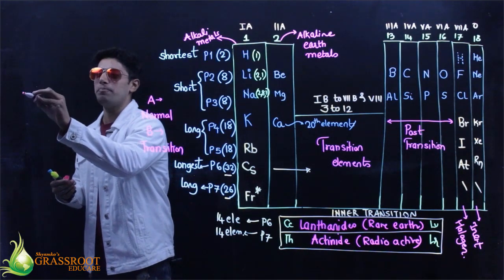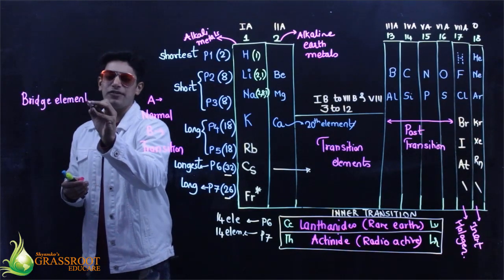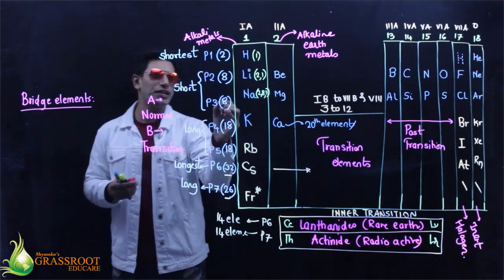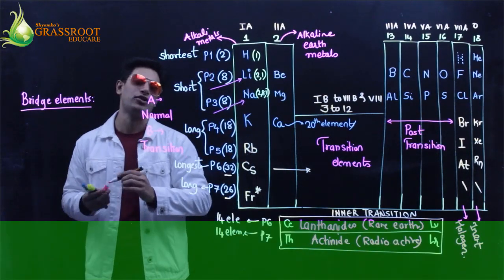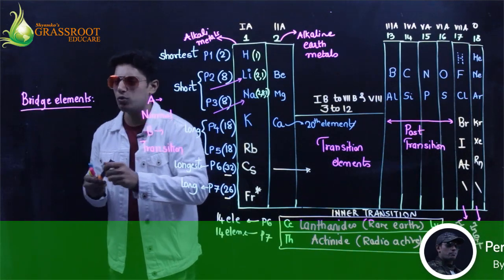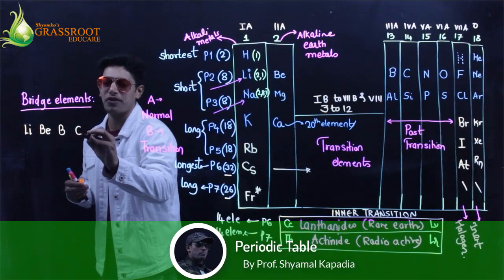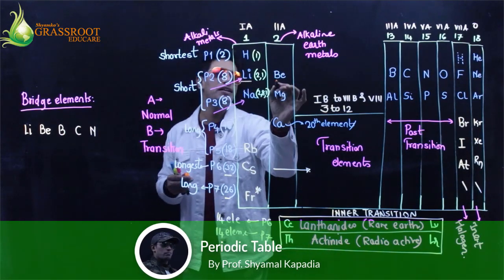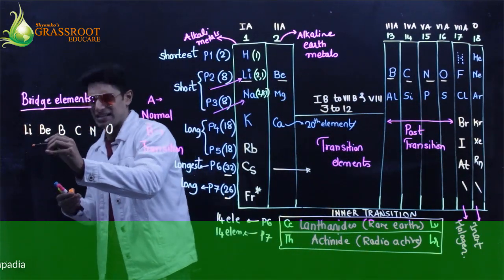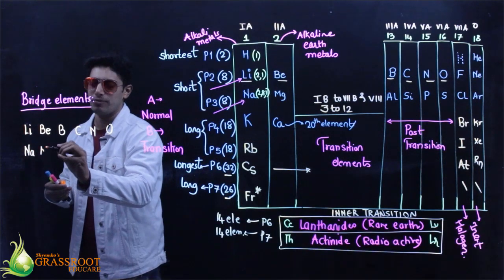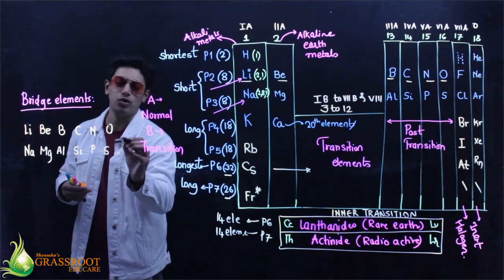First, the bridge elements. I'll give you an example to explain this concept. We usually talk about period number 2 and period number 3. In period 2, I have lithium, beryllium, boron, carbon, nitrogen, oxygen and so on. Just underneath lithium, we have sodium, magnesium, aluminium, silicon, phosphorus, sulfur and so on.